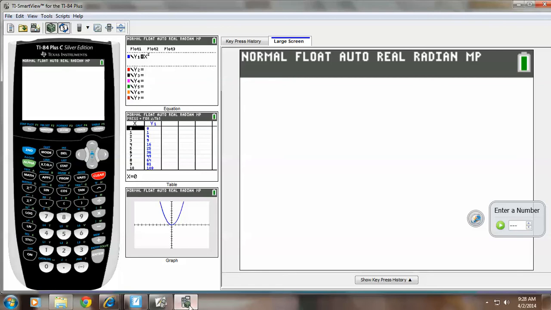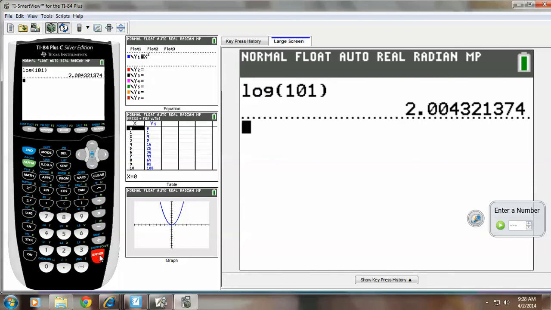I'm just going to click the log button, 101, and then hit enter. It should give you a decimal value. They asked us to round to the nearest 10,000th. Just a refresher here: this is the tenths, hundredths, thousandths, ten-thousandths.